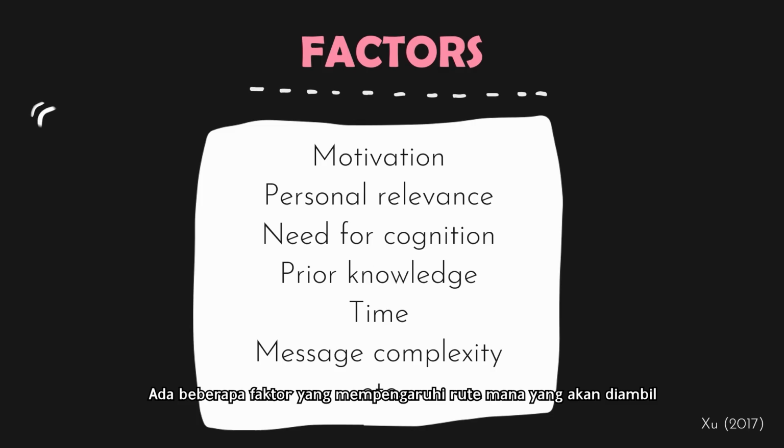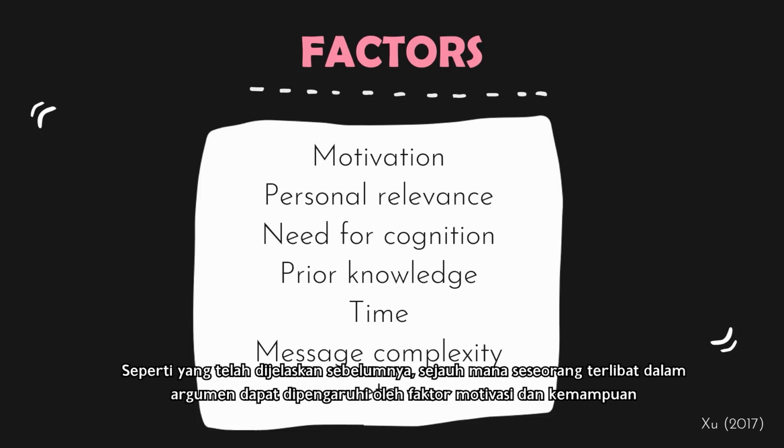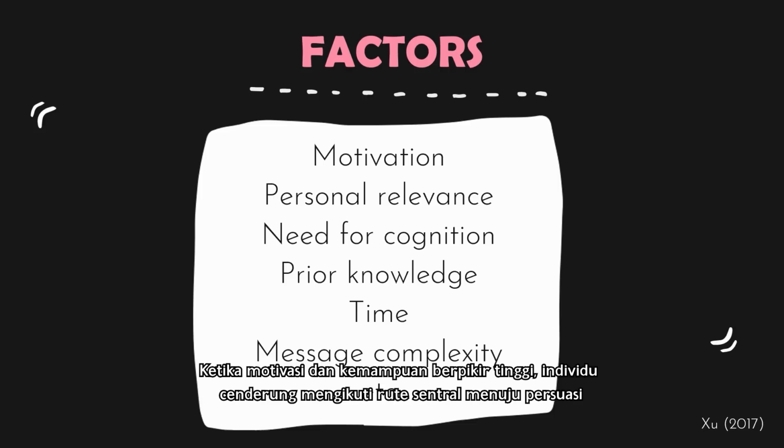Now there are several factors that influence which route will be taken. As has been explained a few short moments ago, the extent to which an individual engages in the argument can be affected by both motivational and ability factors. When motivation and ability to think are high, individuals are inclined to follow the central route to persuasion.